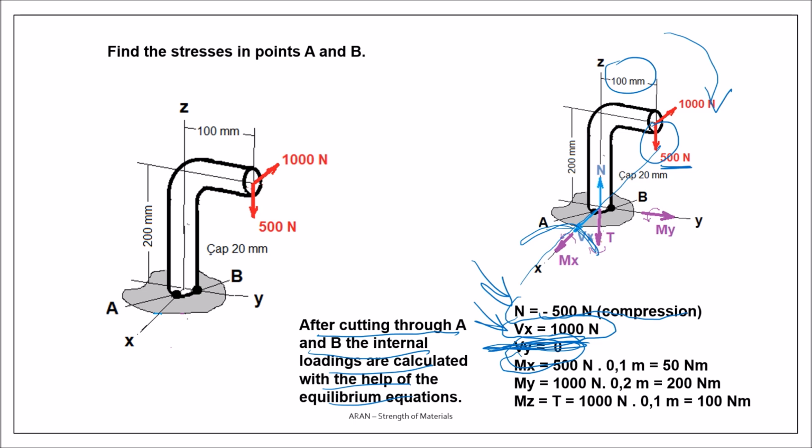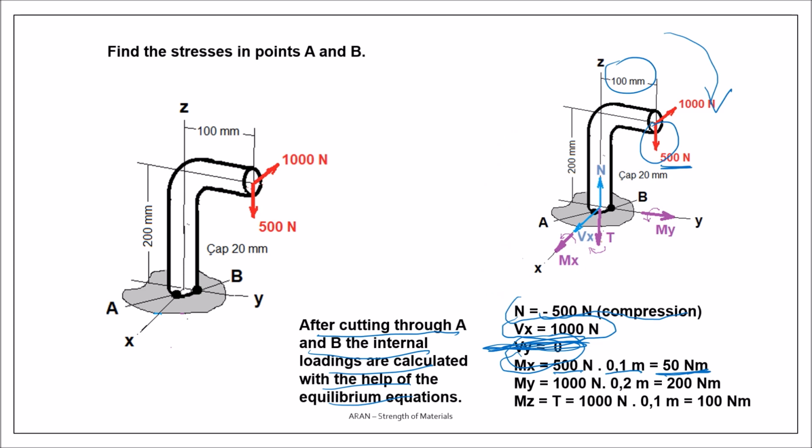And in order to find an equilibrium in this section, there must be a bending moment Mx in this direction. When you apply the right-hand rule, this is a positive direction. So you see that 500 times 0.1 meter gives you 50 Newton meter as the Mx value.